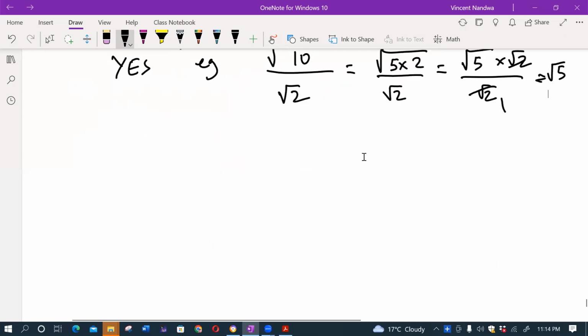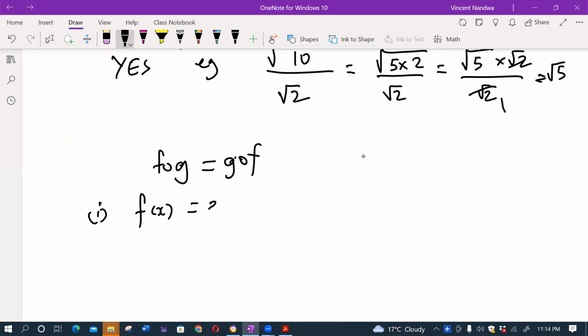Then the next question was to find k such that the composition of f and g is the same as g composed with f. So in part 1, we had f of x given by 3x plus 2, and g of x given by 6x minus k.